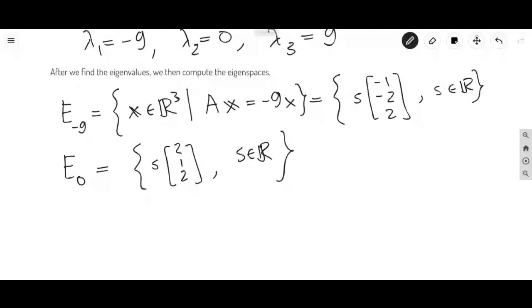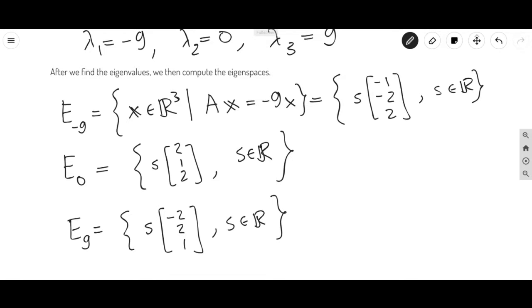And then you find the eigenspace for 9, and this one would be S times (-2, 2, 1). That's what you would get.